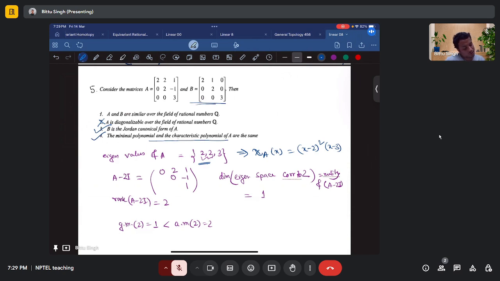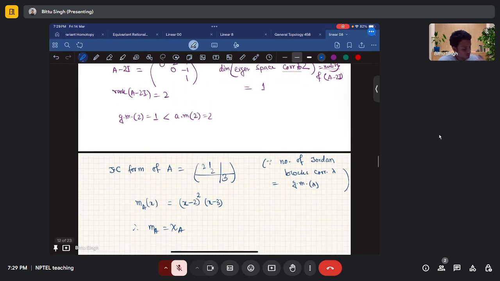Now we need to see if option 1 is correct or not. A and B are similar over the rational numbers Q. We already obtained that this is the Jordan canonical form.